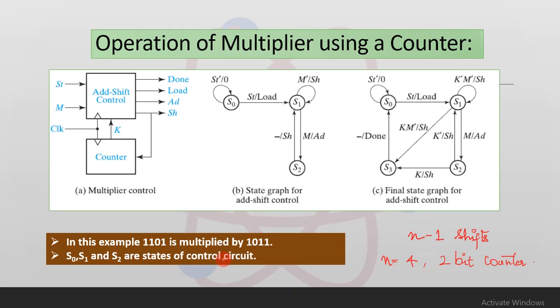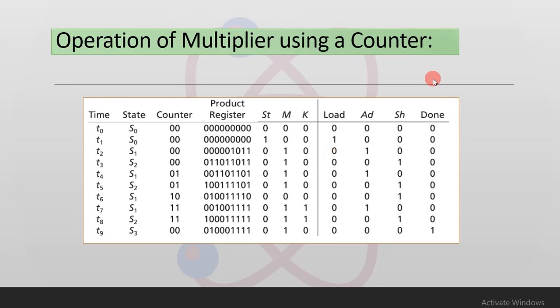So for this particular example, let us look into the operation of the multiplier in the form of a table that shows the multiplication of 1101 with 1011. So initially at the time t0, the control is reset and waiting for the start signal to occur. So you can see that all the bits of the product register are zeros because the start signal has not been initiated.